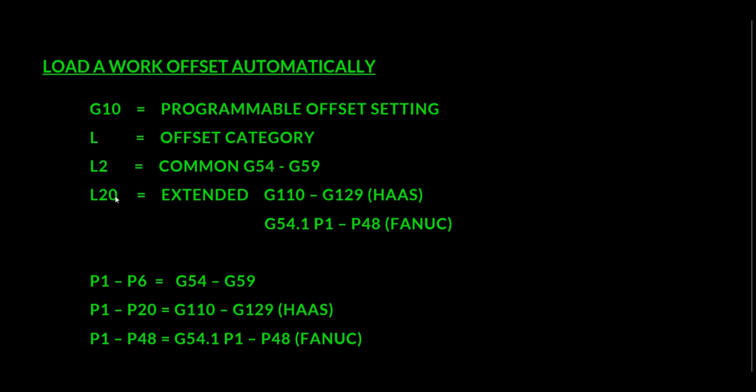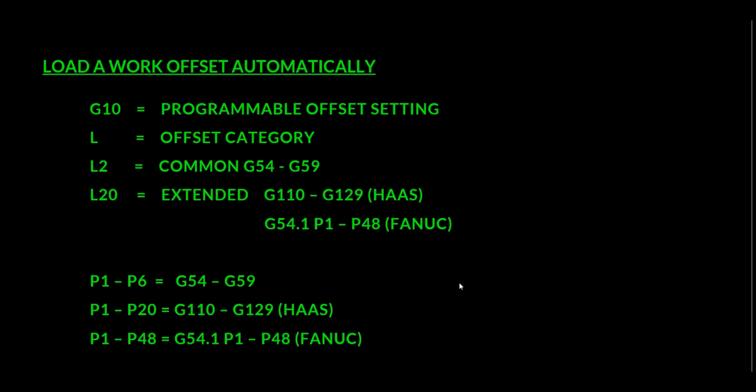Then the L20, the extended work offsets on a Haas: L20 followed by a P1 will load the work offset in a G110. A P2 will be a G111 and so on. An L20 followed by a P1 on a FANUC will load the G54.1 in position 1. Then P2 will load it in G54.1 P2 and so on.